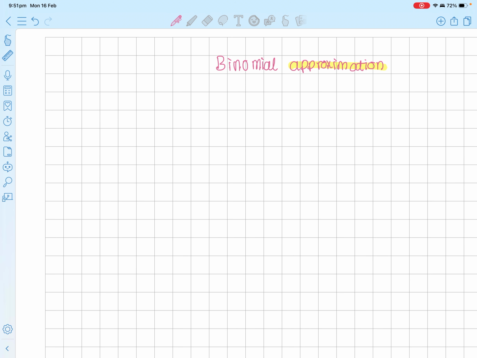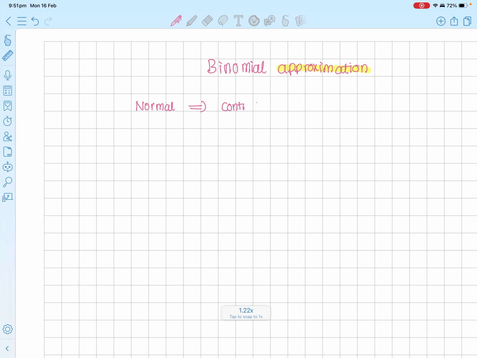At the beginning, we said normal distribution is done for continuous data. Then we know binomial distribution is done for discrete data.